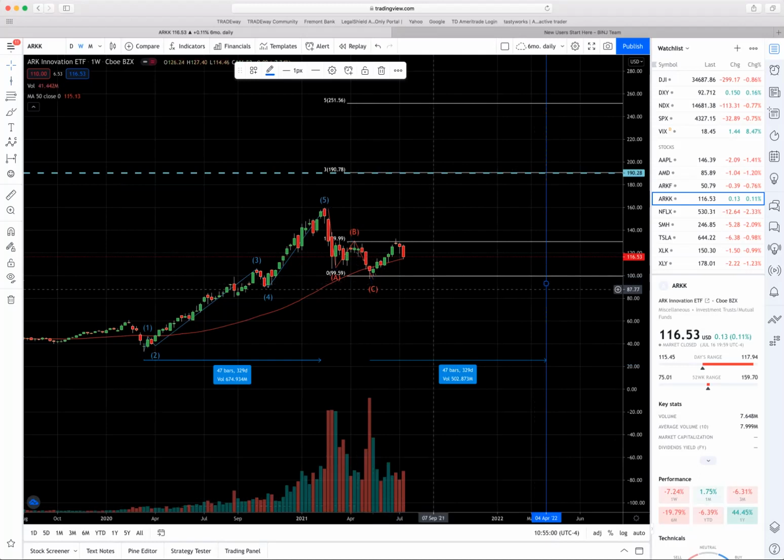And so April, is that the date I had? Gosh darn, write it down. So we have April 2022, which is where ARK is going to reach 190, or roughly around that time.